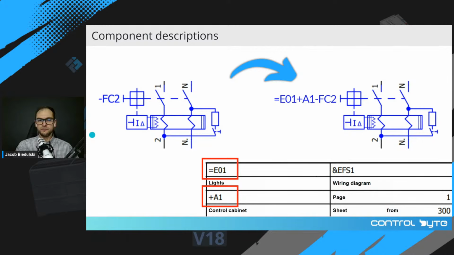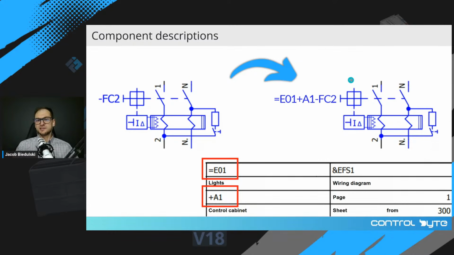Okay, before we start, let's describe the components that we will see in the diagrams. On the left, you can see a residual current circuit breaker with its short name FC2 with a little minus in front. And on the right, you can see the same device with the full name.